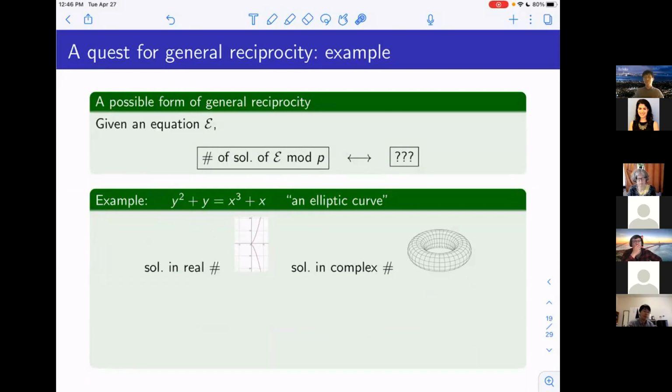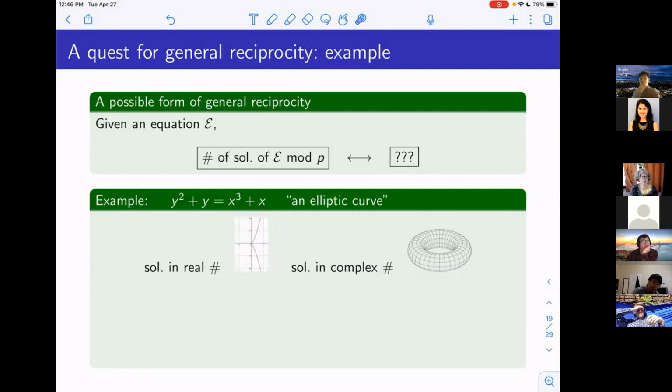And it's called an elliptic curve because if you plot the solution set, then for instance, over real numbers, it's this curve. It kind of looks like this. And over complex numbers, the solution set looks like this because a complex dimension 1 is real dimension 2. And you need some work to plot that, but that's what it looks like.